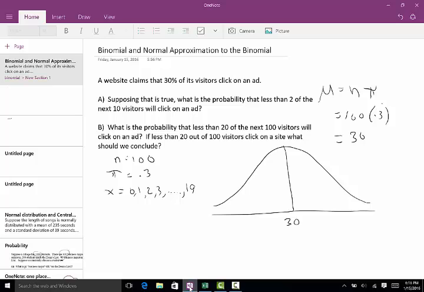Now we want the probability of 0, 1, 2, 3, 4, 5, 6, 7, 8, 9, up to 19. We make a little adjustment here. Here we're using this continuous distribution to approximate the probability of these discrete values.